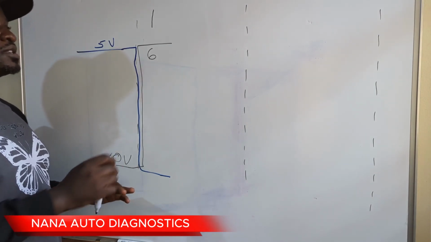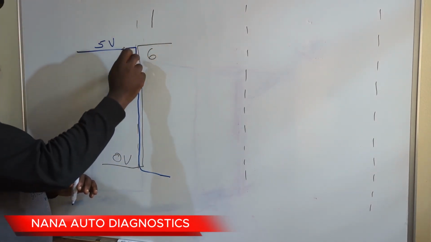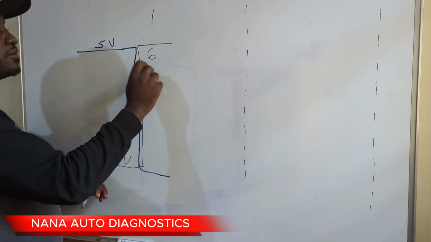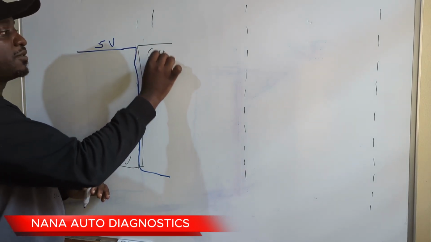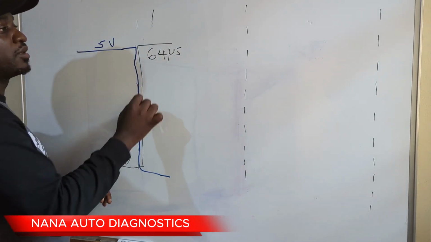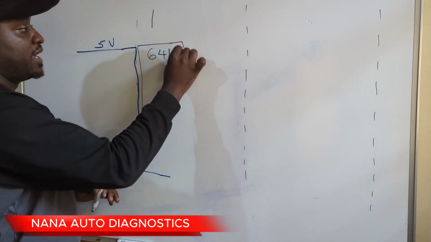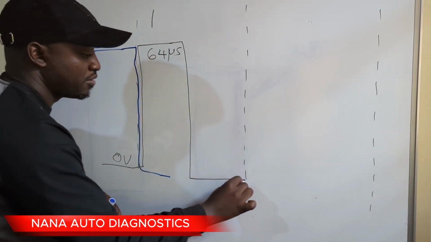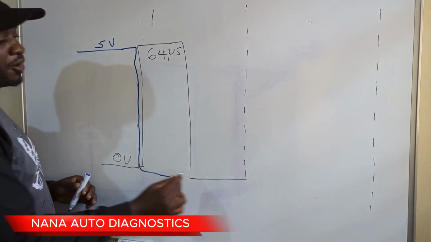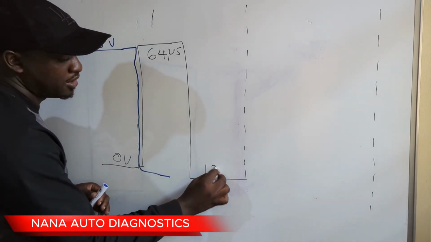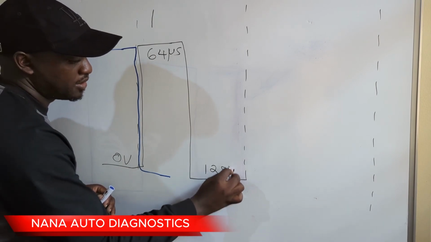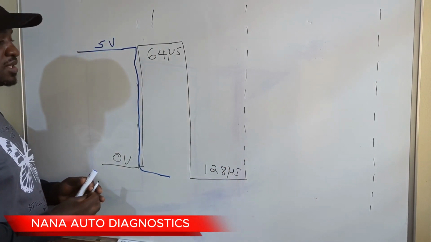For instance, if you're transmitting a 1, this pulse will stay active for a period of 64 microseconds, and then it will drop to 0 volts for a period of 128 microseconds.